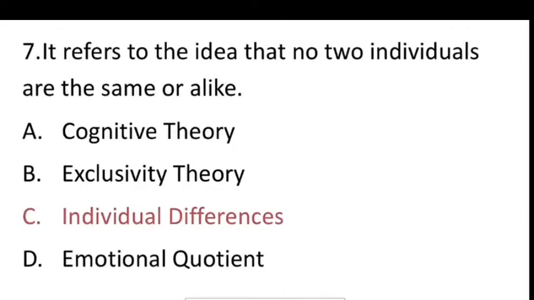Even if they are twins, kahit nakambal, ay not alike totally. Meron pa rin pagkakaiba sa kanila. May maaaring pagkakaiba sa ugali, maaaring pagkakaiba sa some aspects of their personality, maaaring pagkakaiba sa mental capacity nila. So, no two individuals are the same or are alike. This is your individual differences.